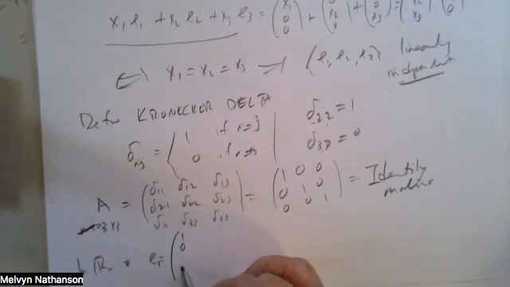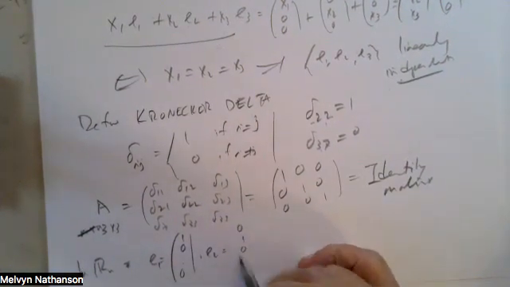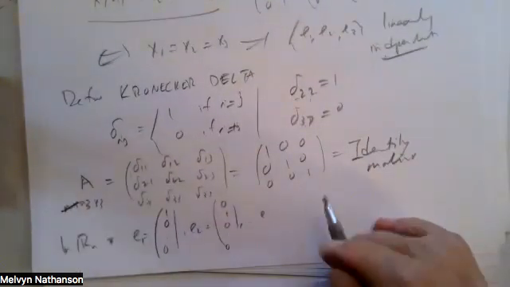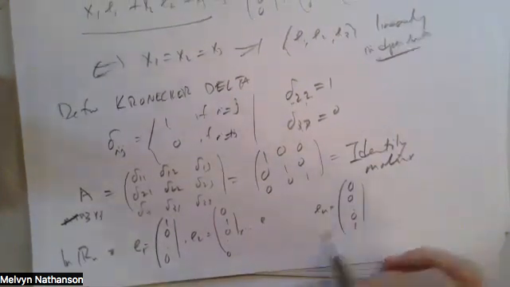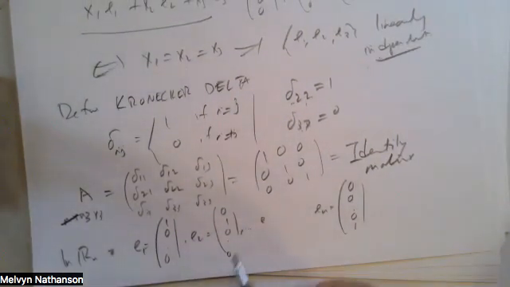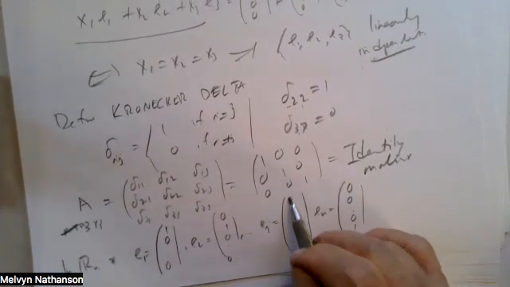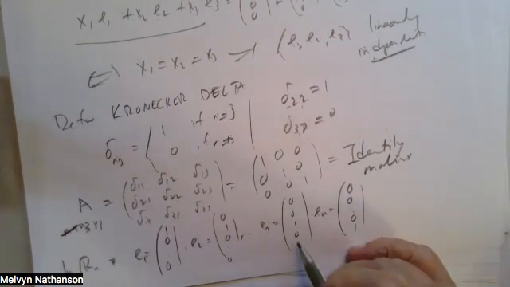And in Rn, if you take the vector E1 to be 1 and everything else 0, and E2 to be 0, 1 and everything else 0, and so forth down to En, which is the last one where everything is 0 except the last coordinate. The vector E sub j is the vector with zeros everywhere, but a 1 in the jth coordinate.